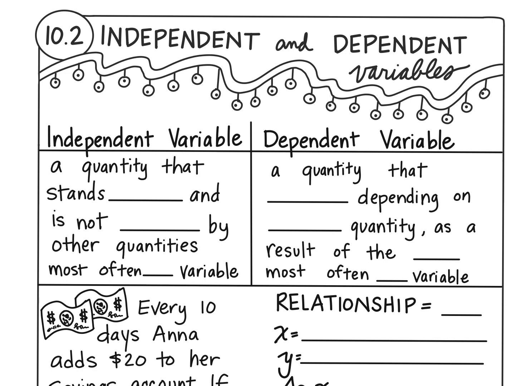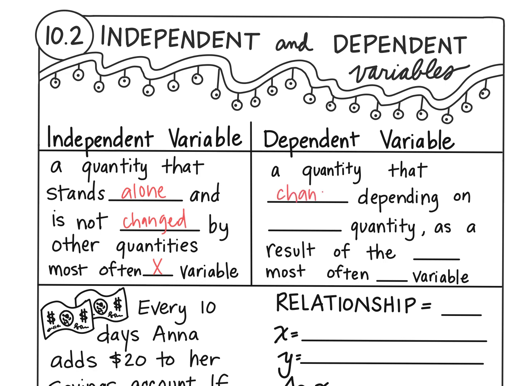So independent is a quantity that stands alone and is not changed by other quantities, and it's most often going to be your X variable. But then you have your dependent variable, and that is a quantity that changes.